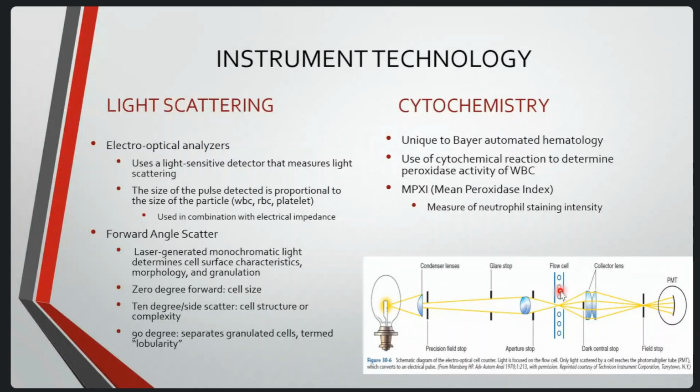So we have the electro-optical analyzers. This uses a light-sensitive detector that measures the light's scattering. The size of the pulse detected is proportional to the size of the particle. This light scattering is being used in combination with electrical impedance.